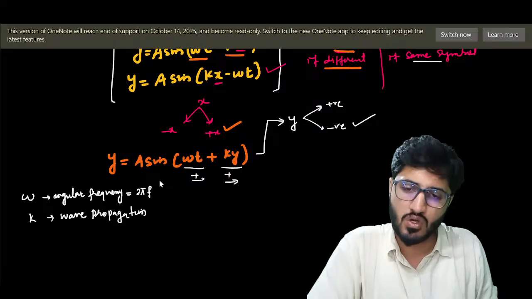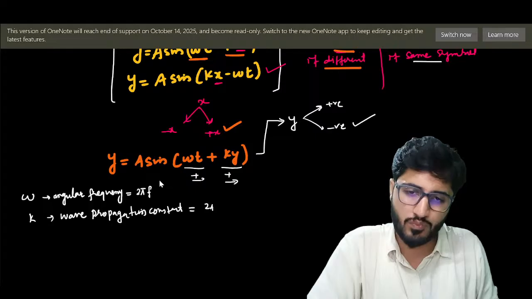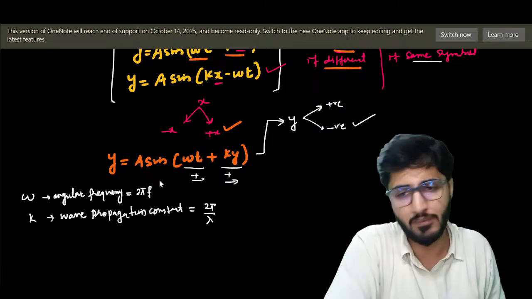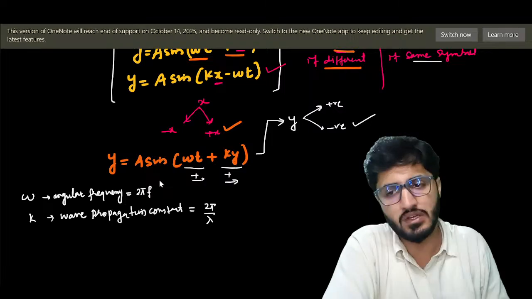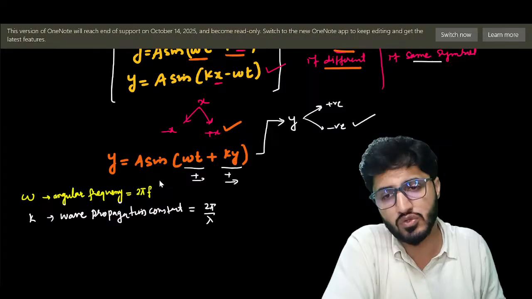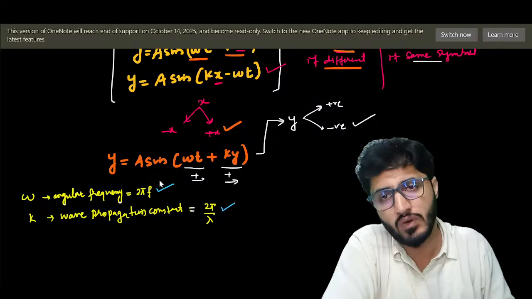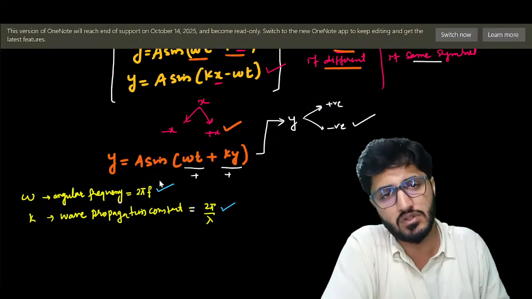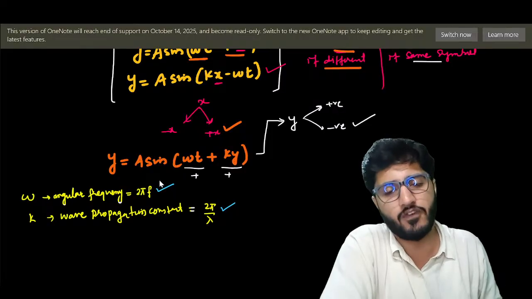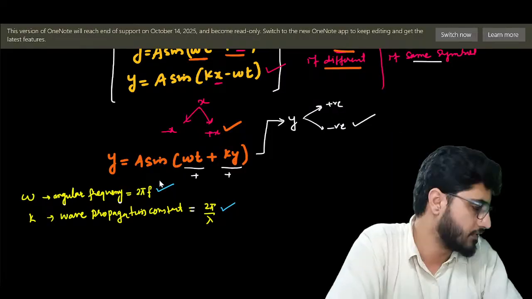Wave propagation constant, which equals 2 pi by lambda. You need to memorize each and every formula from the EM waves. You will find a couple of formulas now, but they are very easy.